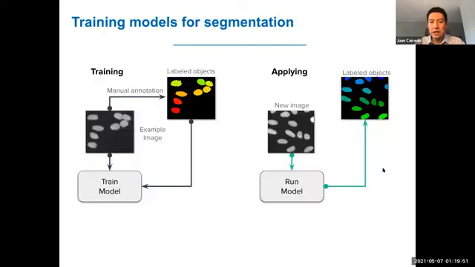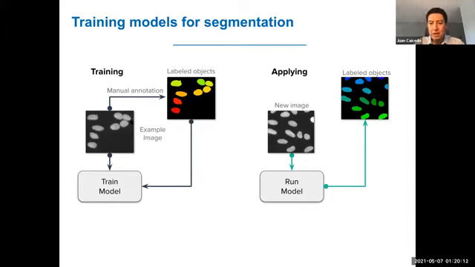And again, the models for segmentation in this case were supposed to be supervised training models, which basically require some example images with example outputs. So we can train a model that is supposed to learn the relationships between inputs and outputs.